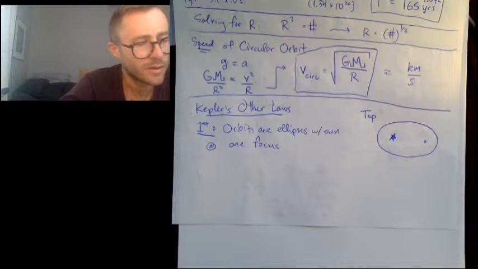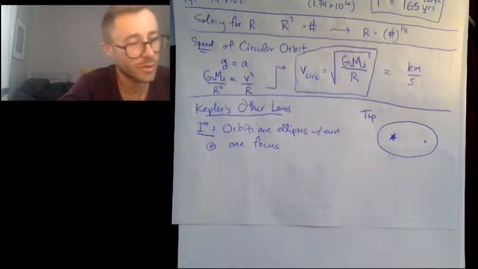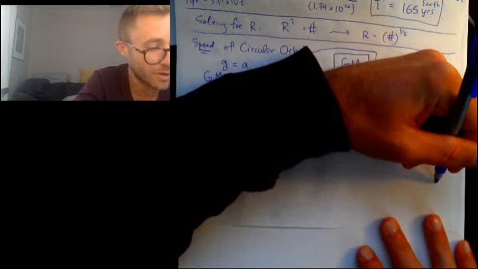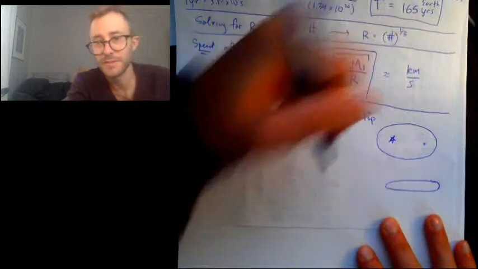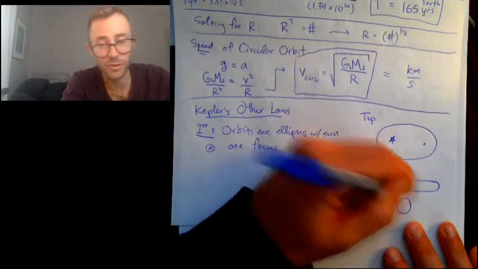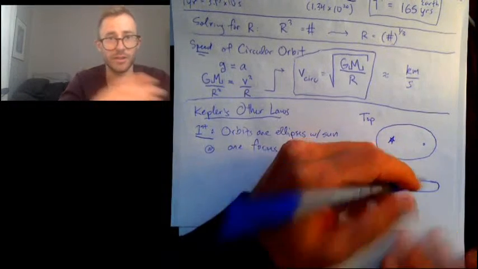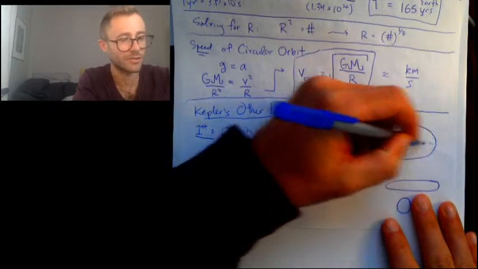So now the thing is this: there are lots of different ovals we can draw. We could draw an oval that looks like this. We could draw an oval that is super elongated, or we could even draw a circle. A circle is an ellipse. It's just an ellipse that has this direction equal to that direction.